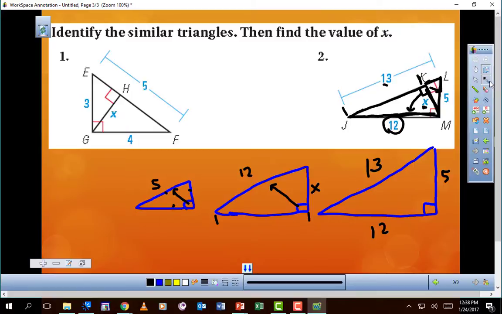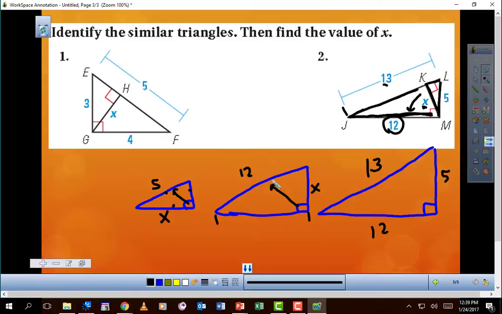But don't you notice the small triangle has a short side, a medium side, and the hypotenuse? So it's on the medium side, isn't it? That means the x has to go here. This is pretty easy to make a mistake on.